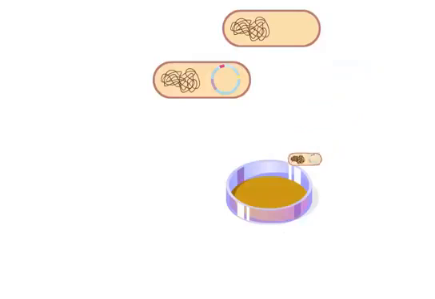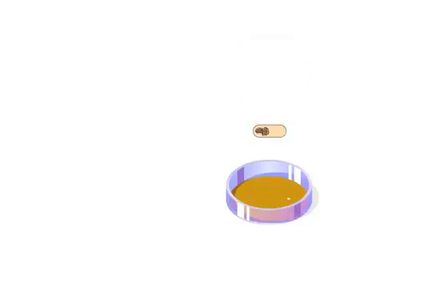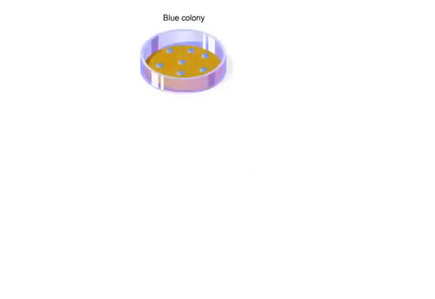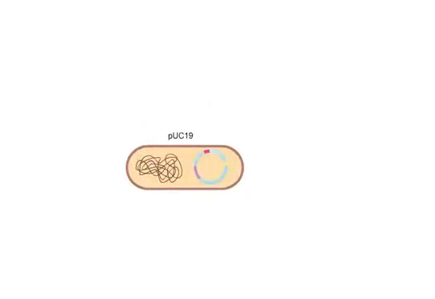Only cells containing pUC19 can grow on ampicillin because the vector contains an ampicillin resistance gene. X-gal is used to distinguish the bacteria with recombinant plasmids or just pUC19 alone. The cells with pUC19 and no DNA insert have a functional lacZ+ gene and produce beta-galactosidase.